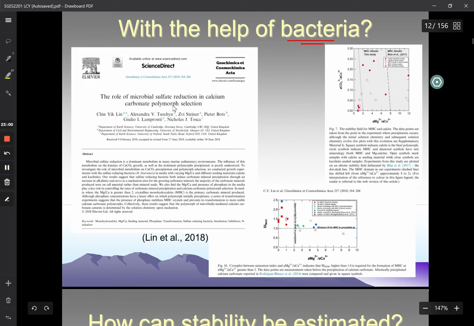For example, in this paper, there is this microbial sulfate reduction.